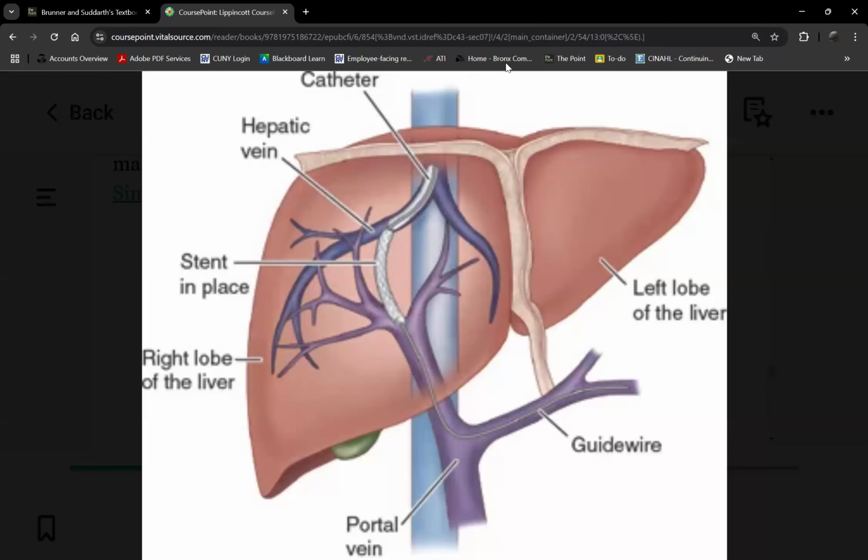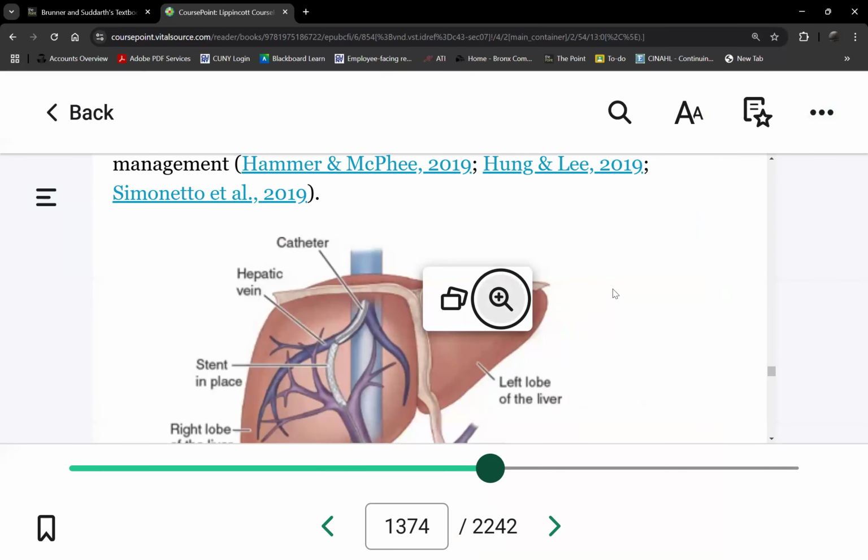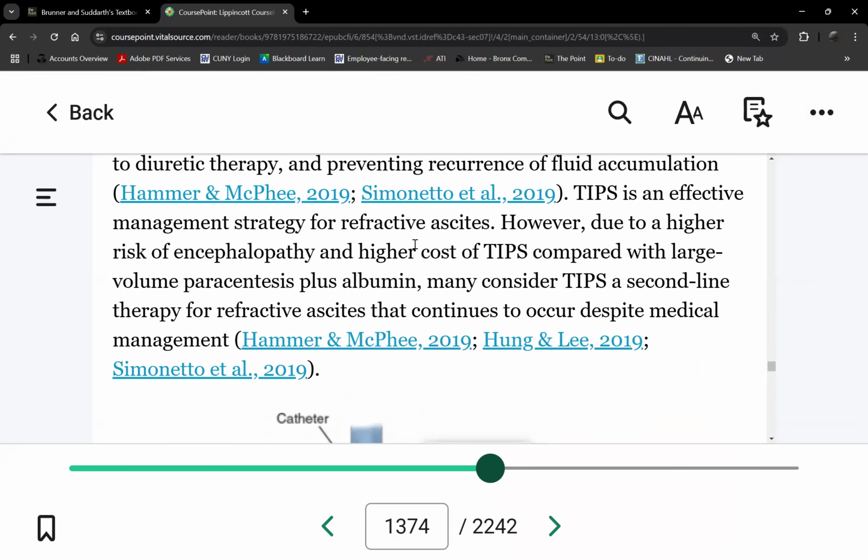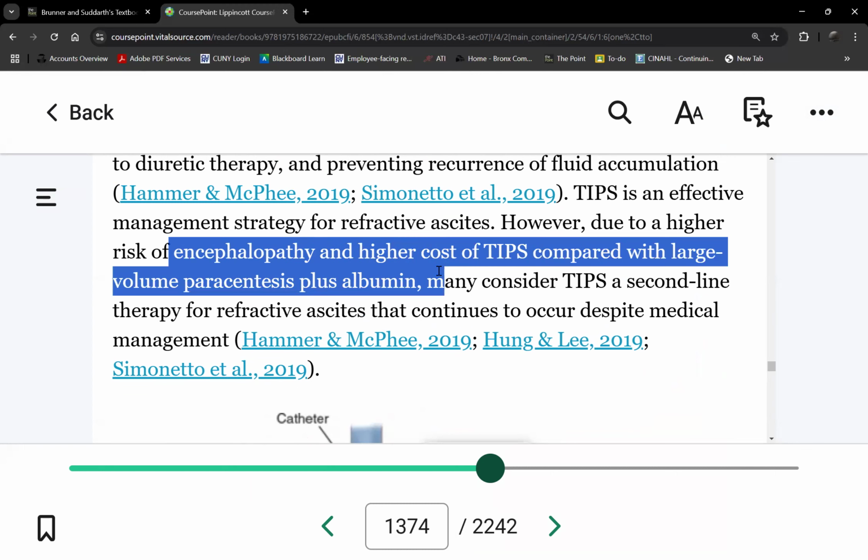The problem with that is, since now all the blood bypasses the liver, is there any ammonia removal at all? There is zero ammonia removal. So as a result, what is a consequence after TIPS? Higher risk of ammonia. You understand?